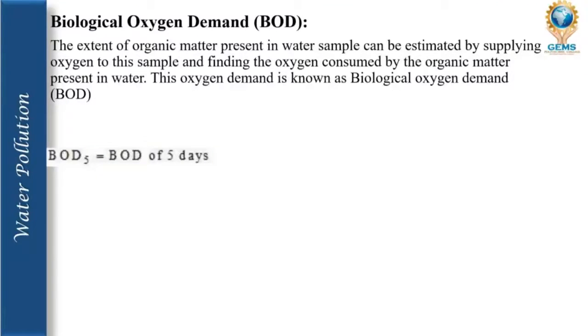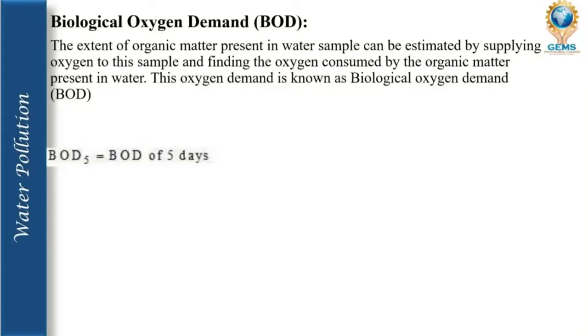So what if this water has been polluted? When the water has been polluted, basically it has been polluted with some organic substances, toxic chemicals, and such. When these chemicals are introduced to the water bodies, the organic materials or organic substances present in the water will be eating the oxygen.